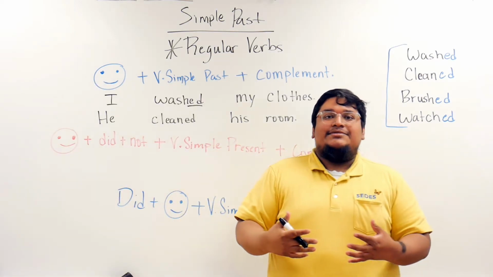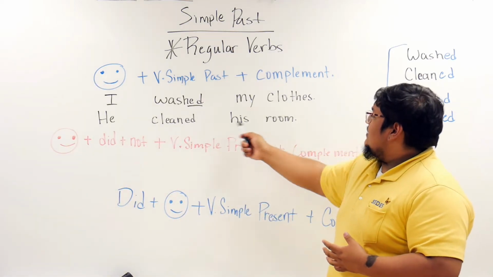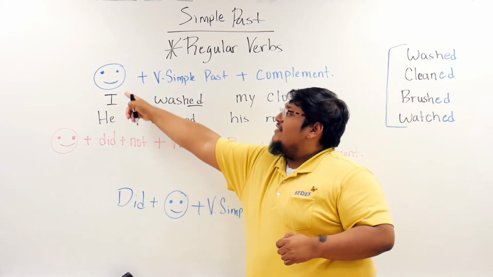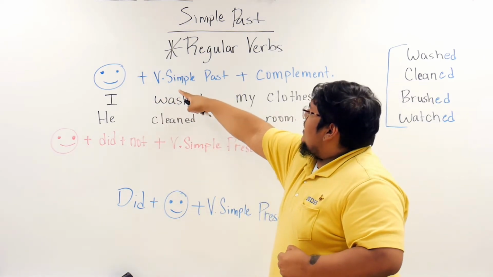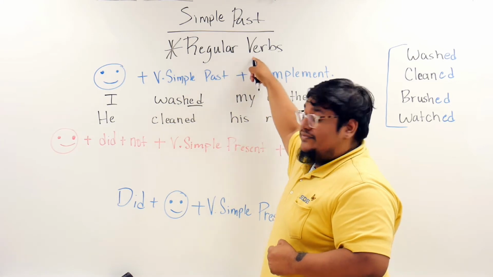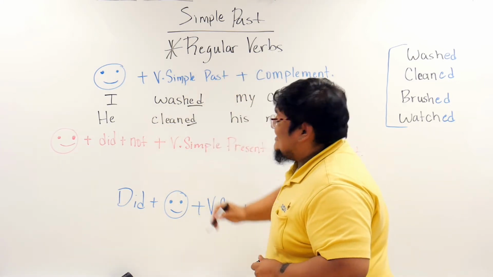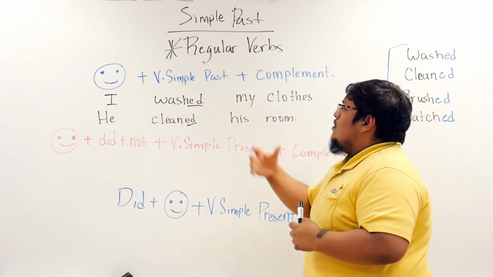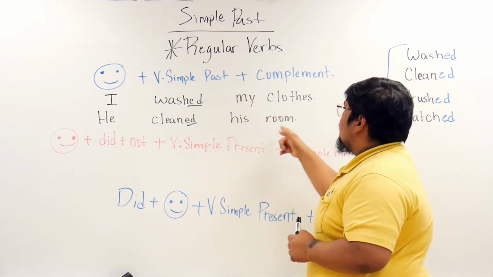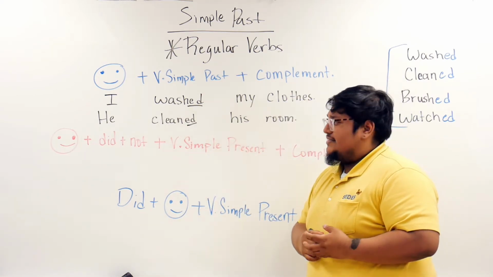We've been having a lot of time on our hands, so he cleaned his room. So he is my subject. Cleaned is my verb in simple past. It's a regular verb because it ends with ed. Okay? And what is it that he cleaned? His room, which is your complement.